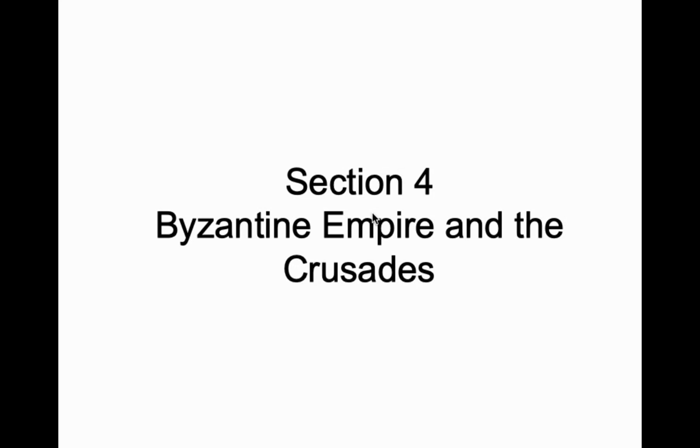The Byzantine Empire is really the Eastern Roman Empire that has Constantinople. Today we're going to look at the important ruler of that empire, Justinian, and how he sets up his empire and this important transformation of this city, Constantinople.